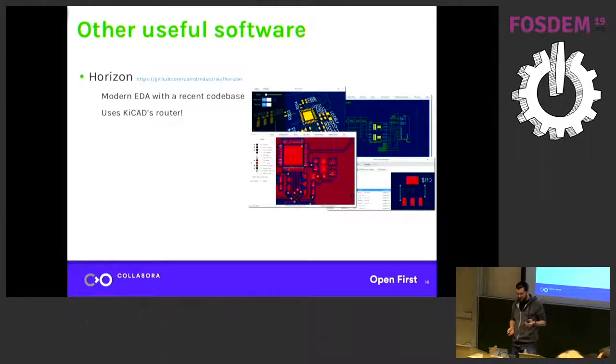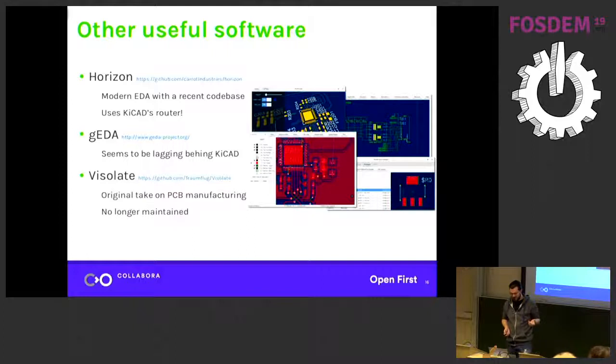Other useful software: Horizon, which has been presented just before. Actually, I didn't know it before I looked at the schedule for this room at FOSDEM, so I really gave it a try. And it's a more modern EDA. It uses KiCad's router, so I guess you can definitely do something with it. You also have gEDA, which is an old project, but seems to be lagging behind KiCad for quite some time.